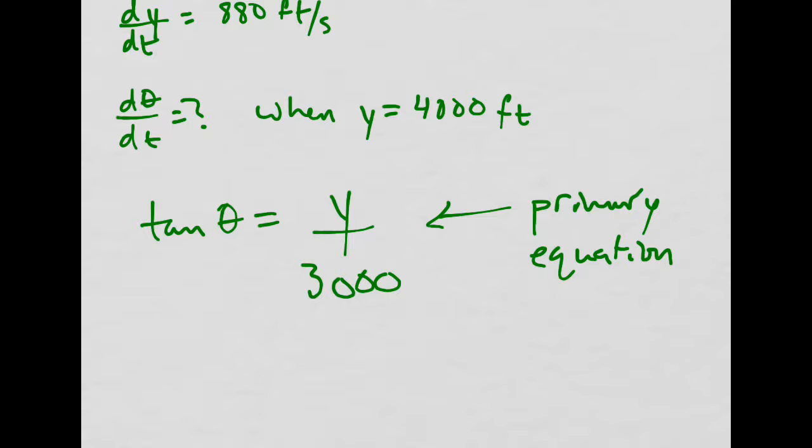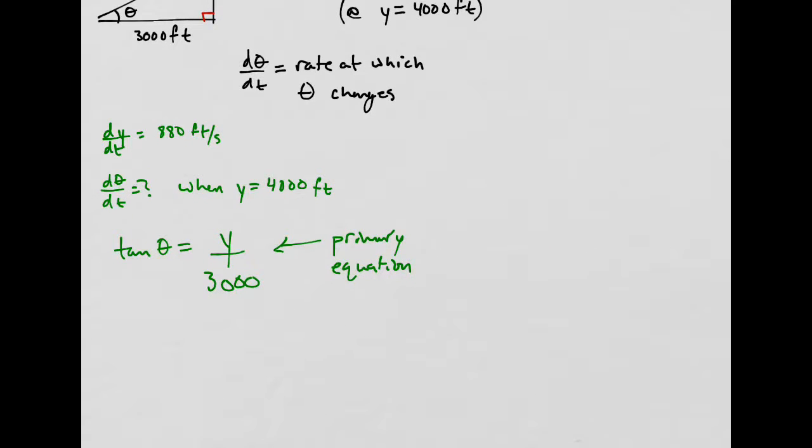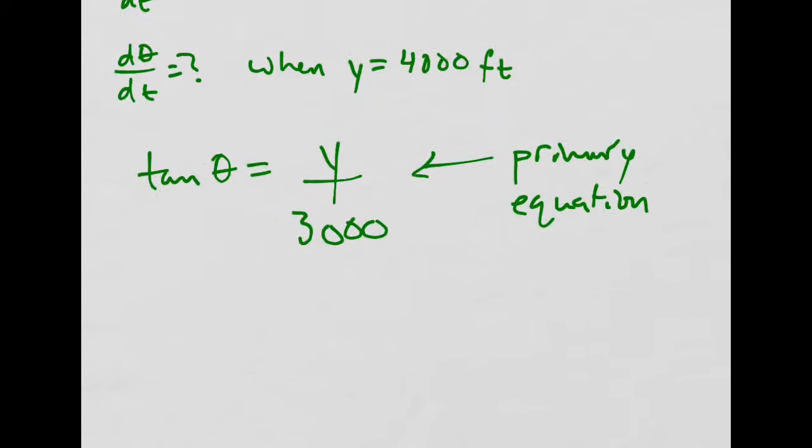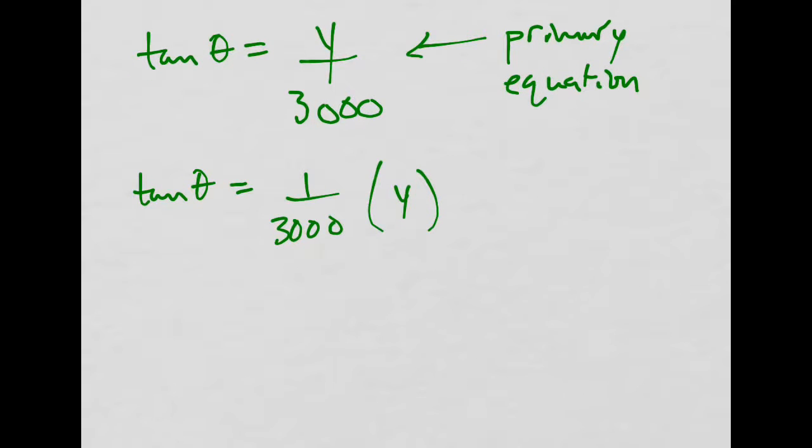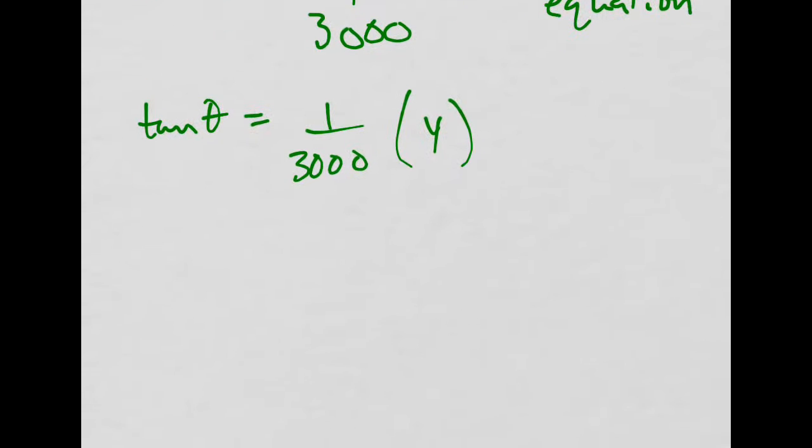So that means all I got to do is take the derivative of this and see what happens. Something that I'm going to mention is that this tangent of theta is also equal to 1 over 3,000 times y. So now it's more noticeable that it's a coefficient. So if I take the derivative, I have to use the chain rule. We're doing the derivative with respect to time.